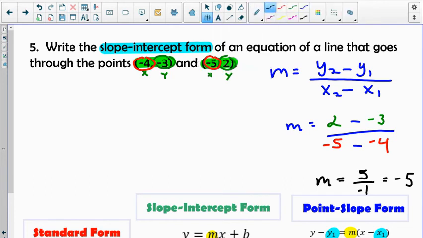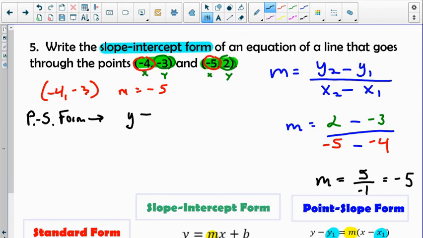Let's try using the first ordered pair, -4, -3. And we already knew from on the right-hand side that the slope of the line is -5. So in point-slope form, we would have y minus the y-coordinate.